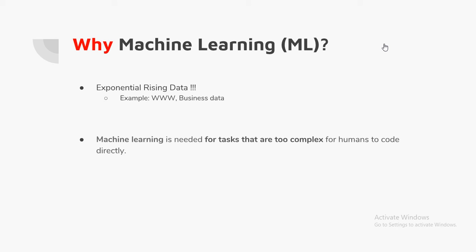This case becomes very difficult and complicated to program explicitly, and that is where the whole core of machine learning comes in, that we don't need to program things explicitly.